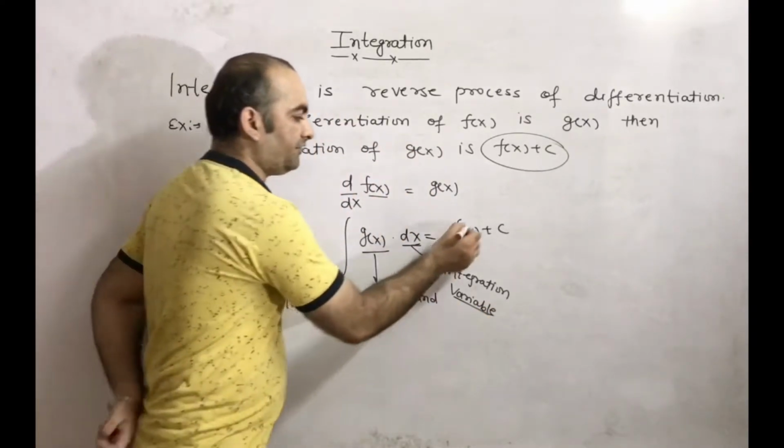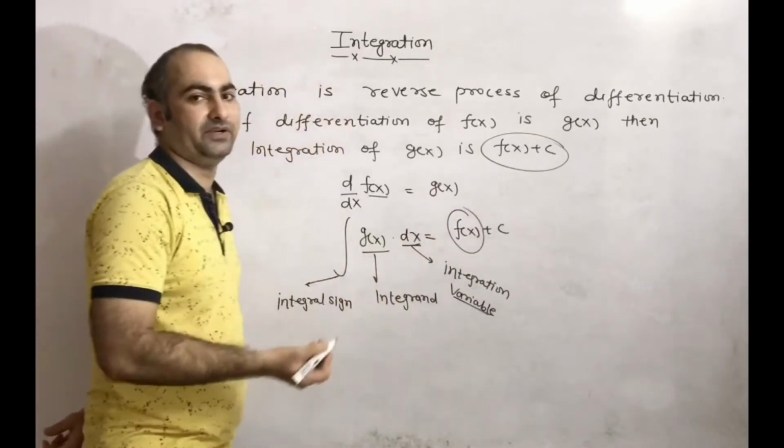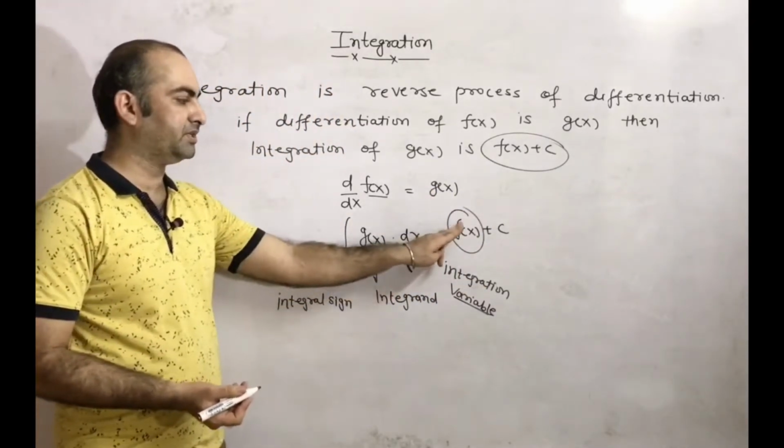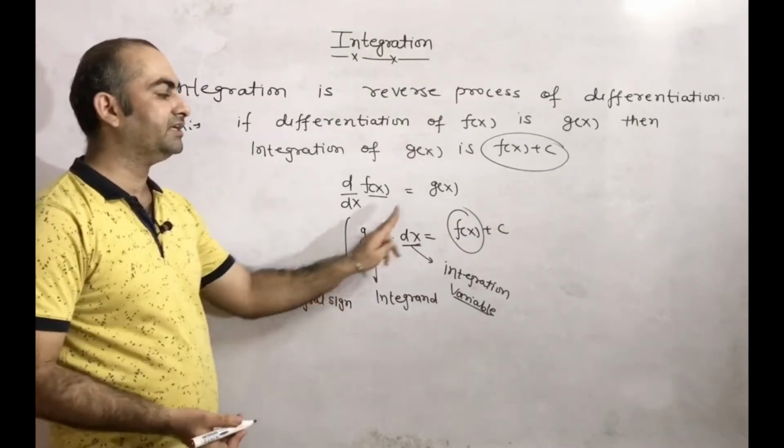Okay, fx is called the antiderivative, because differentiation of this one is gx. Then if you integrate, we will get fx.